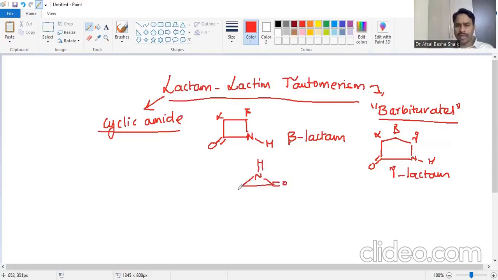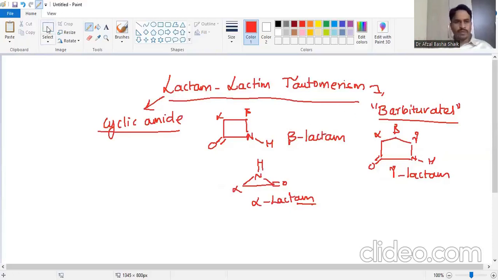So this is your alpha lactam, because this is the alpha carbon atom. Am represents amide, right, in the cyclic structure. So like this, the lactam may be of any size. It is not only the 4-membered ring typically seen in penicillins.